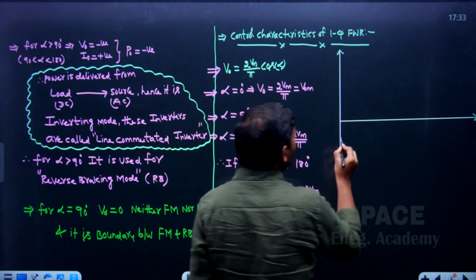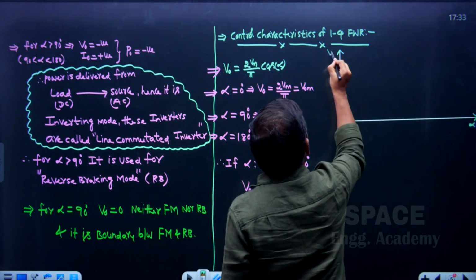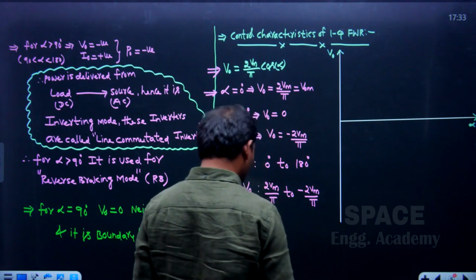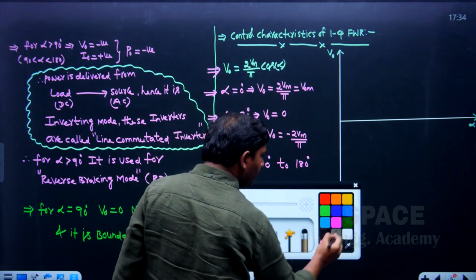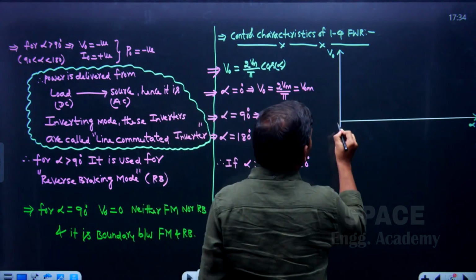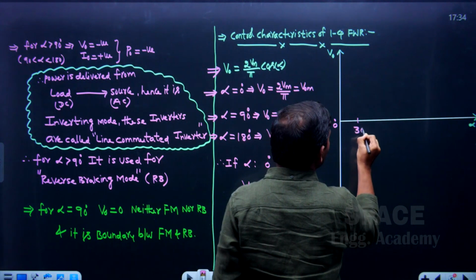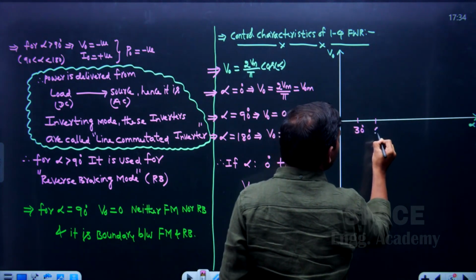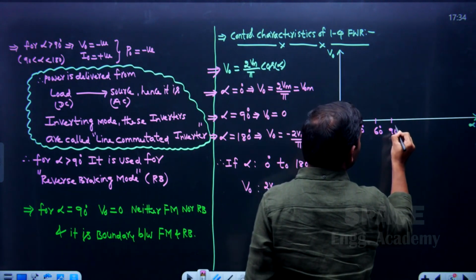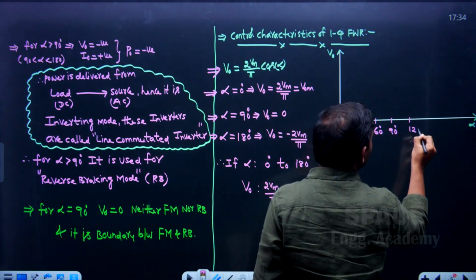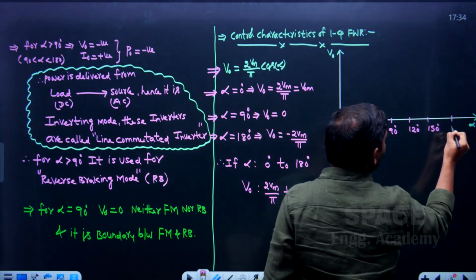For alpha equal to 0 degrees, this is for 30, this is for 60, this is for 90, 120, 150, 180.